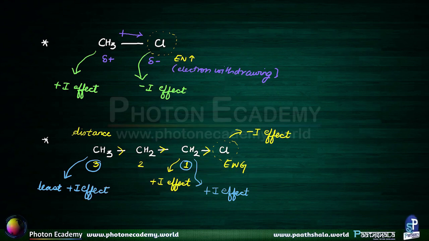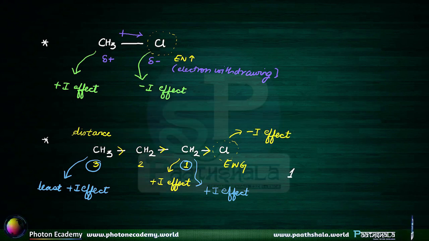So, can we now not put them in ascending or descending order? So, let us put them in decreasing order. First is greater than 2 is greater than 3. This order is of the plus I effect, which is being shown by the different carbon atoms.